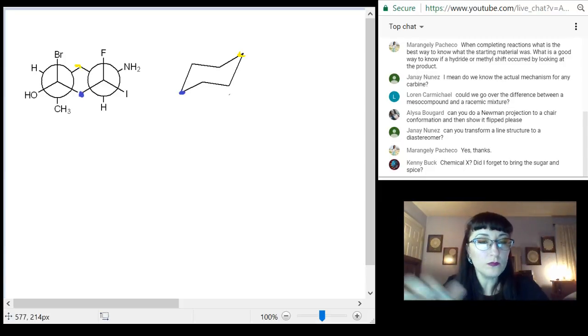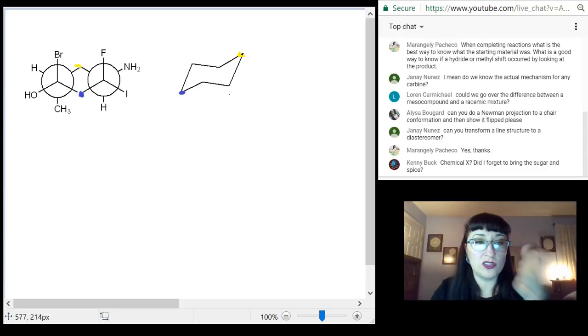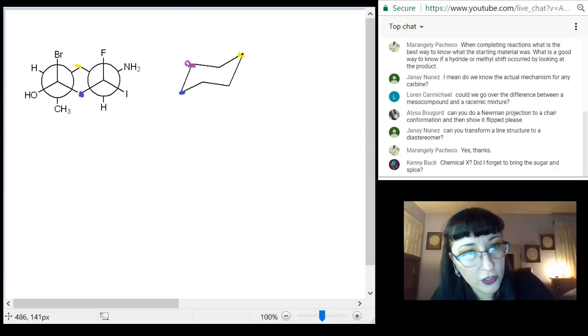If I take that chair conformation, turn it a little, and look down it, the purple one here would be there, and then the red one would be there.